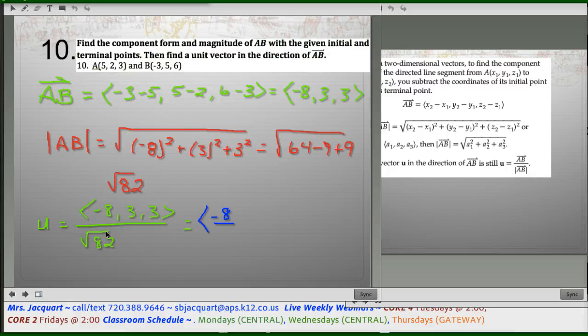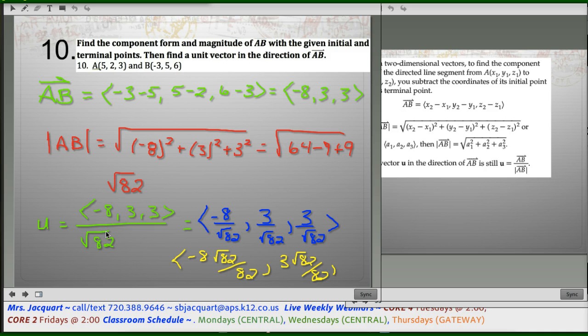Negative 8 over square root 82, 3 over square root 82, 3 over square root 82. Rationalize that denominator. This gives us negative 8 square root 82 over 82, comma 3 square root 82 over 82, comma 3 square root 82 over 82. Now you can simplify that 8 and the 82. It would be 4 over 41.